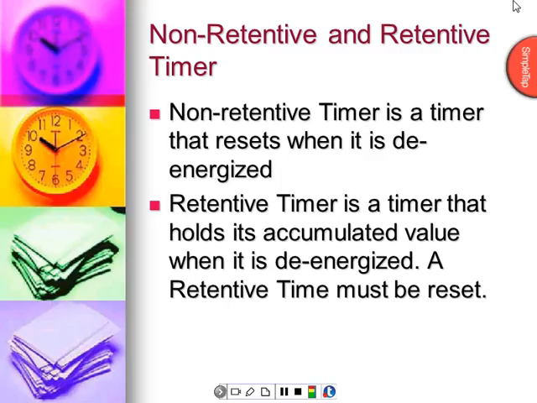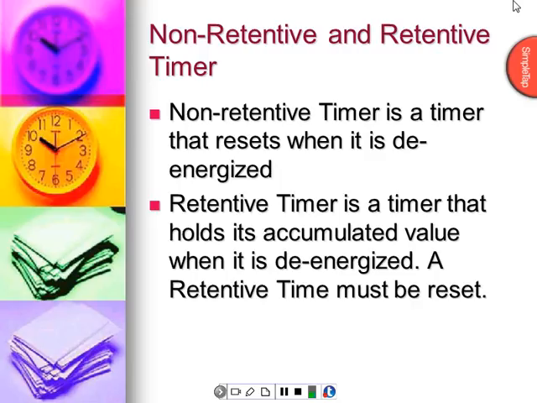So if I have a timer that is non-retentive and I interrupt the cycle, let's say I've got a 30 minute on delay timer, set for 30 minutes to heat up the oil before I crank a motor. Let's say it's the dead of winter and we're in Alaska.